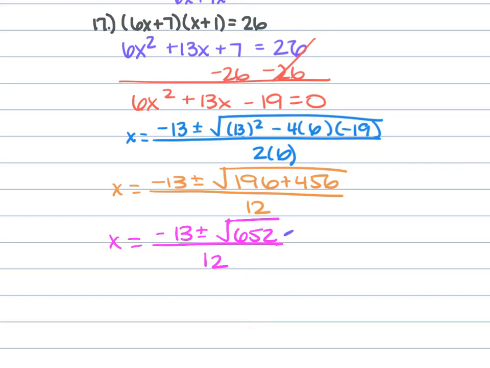That 652 is 2 and 326. The 326 is 2 and 163. The 163, I don't think anything goes into it evenly.